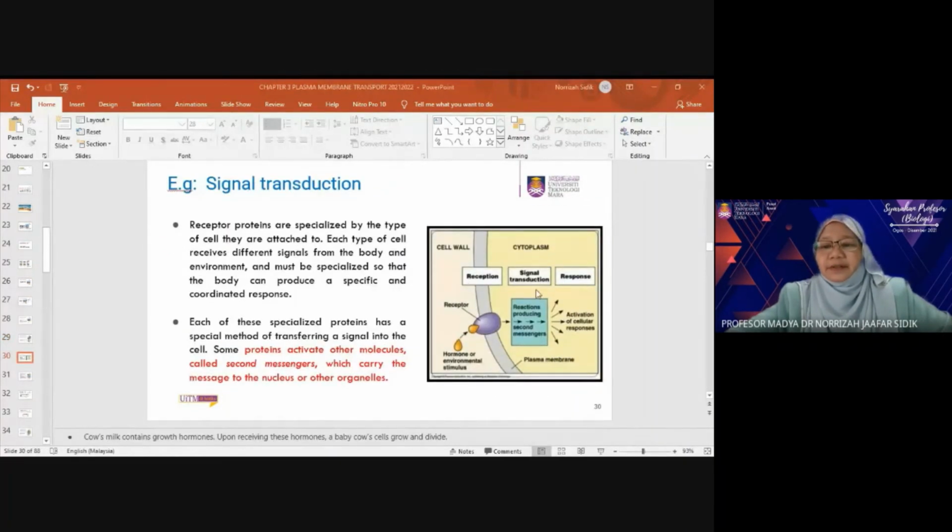There are three processes here: the reception, the signal transduction, and the response. You can see the receptor here, where the hormones will attach to the binding site, and then it produces a reaction, a second messenger, and there is an activation of the cellular responses. The signal triggers a specific cellular response.